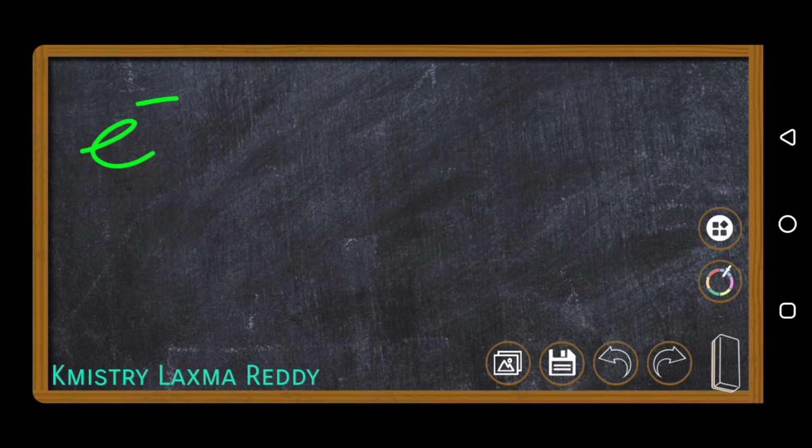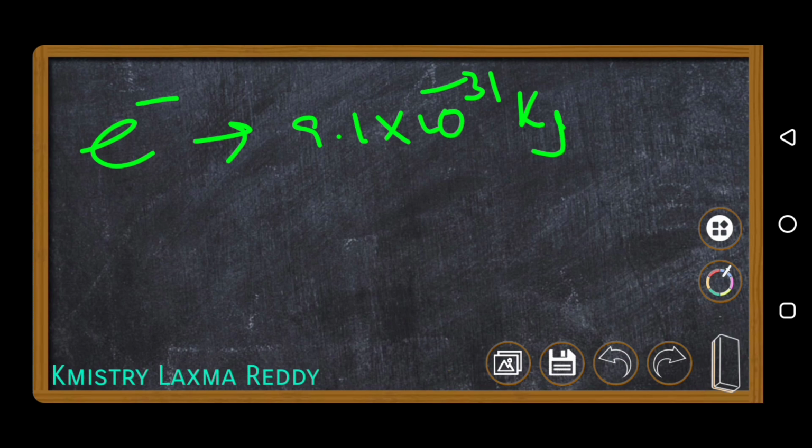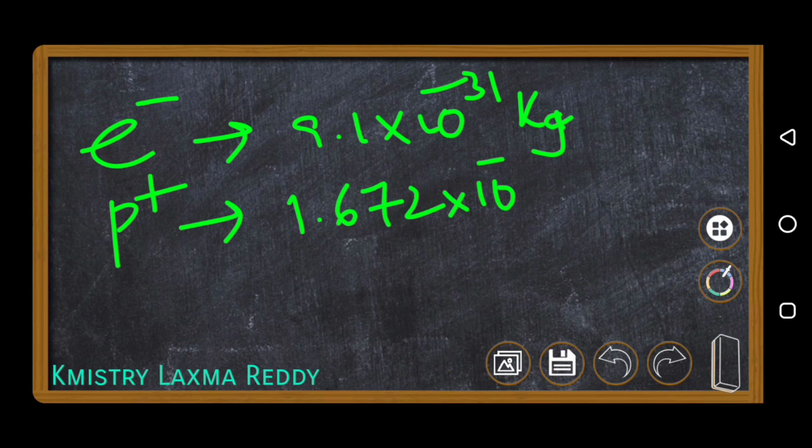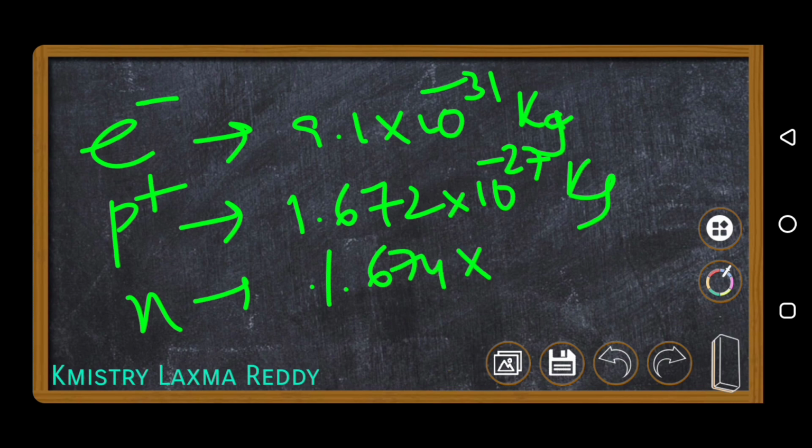If you want to write exact mass, it is 9.1 × 10^-31 kg, or you say 10^-28 grams. Proton is 1.672 × 10^-27 kg. Neutron is almost the same, 1.674 × 10^-27 kg.